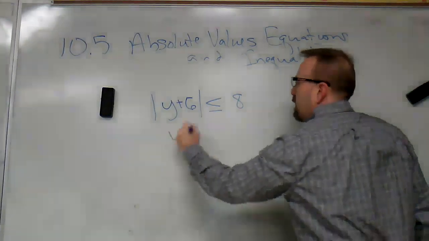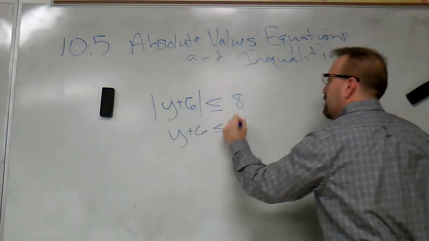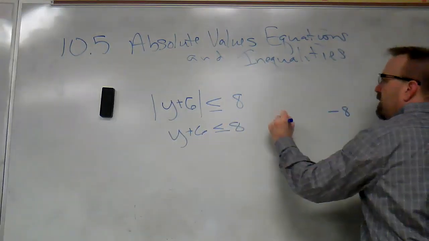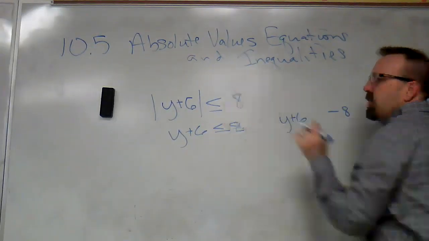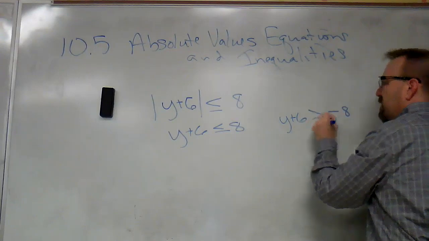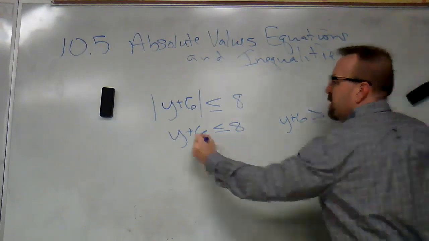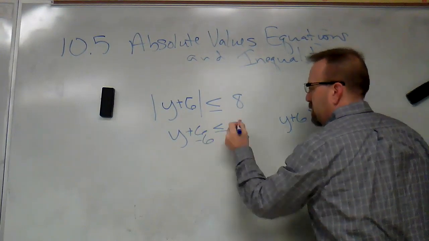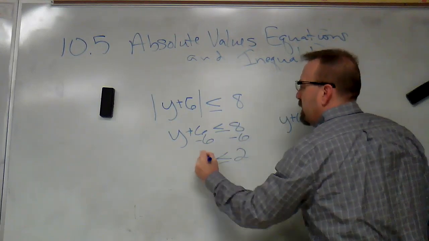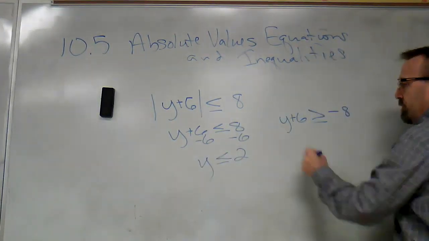Set up two of them again. The first one is exactly as it appears. Second one, change it to negative. We change it to a negative. What do we have to do to our sign? Flip it to the opposite, so that becomes greater. Subtract 6. 8 minus 6 is 2. So y is less than or equal to 2.